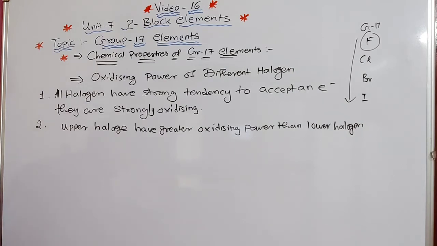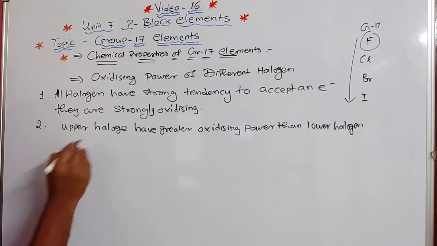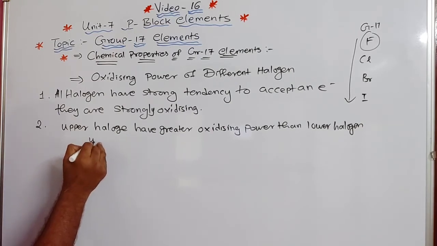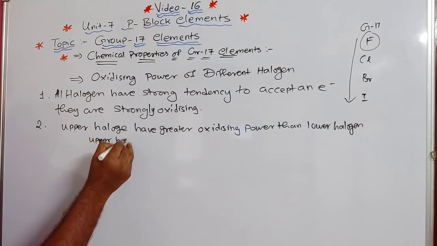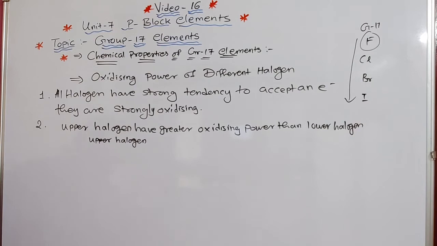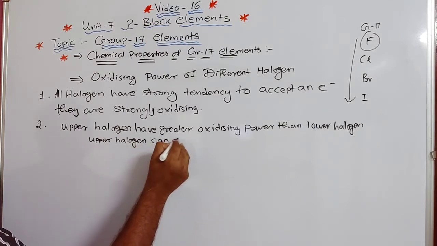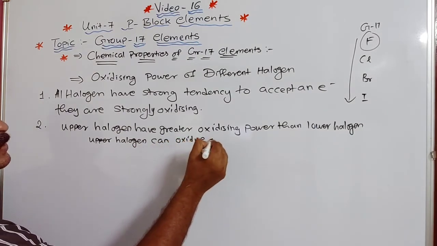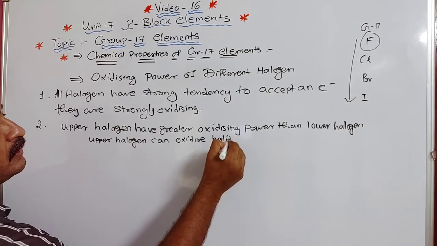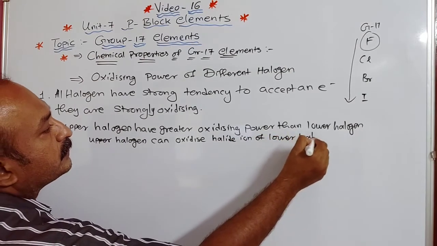What is given here is: the upper halogen can oxidize the halide ion of the lower halogen. What is the meaning of that? In your textbook all these things are given, you can underline this. The upper halogen can oxidize the halide ion of the lower halogen.